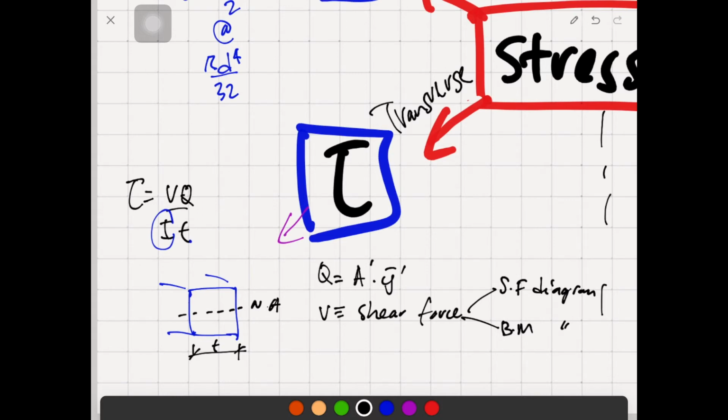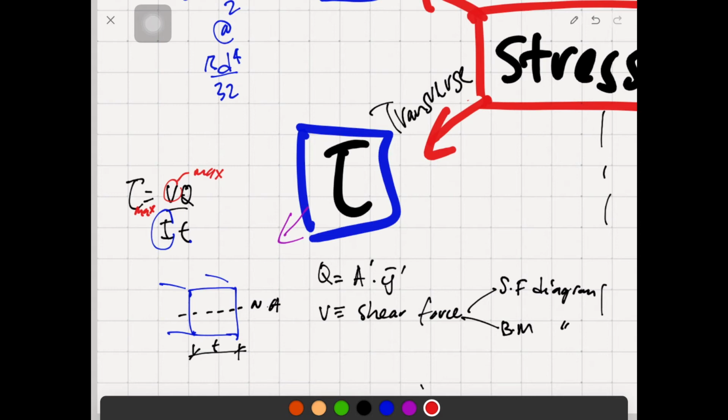So if we have tau max, we also need V to be maximum as well. There is a formula that we have, A prime times y bar prime.